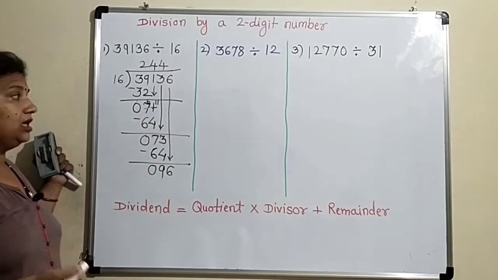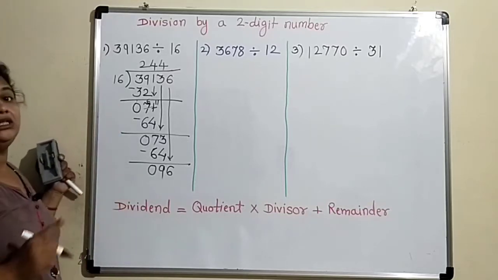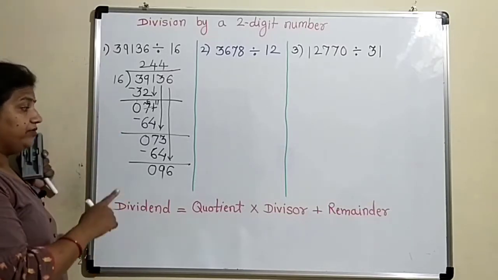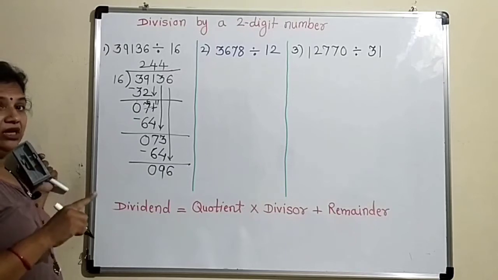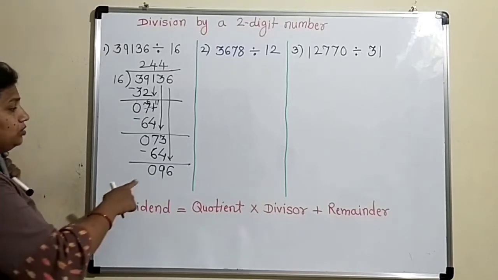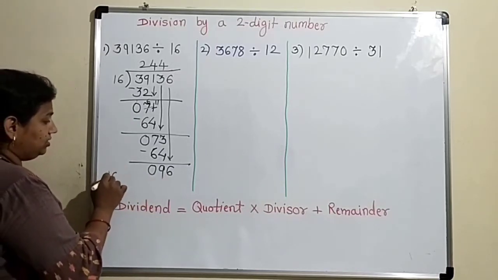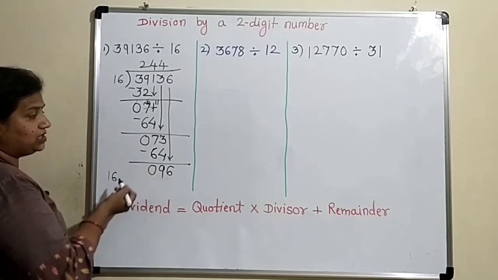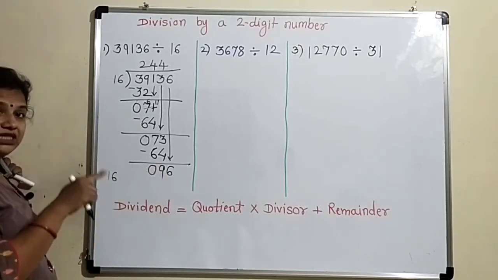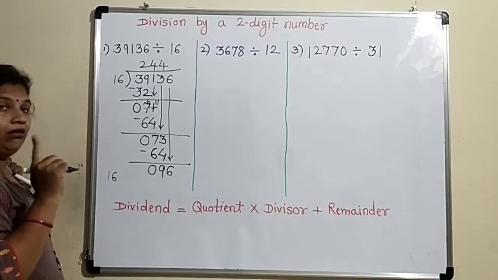Now 96. Again we have to check in the table of 16 whether 96 is coming or not. We have checked earlier that 16 fives are 80.